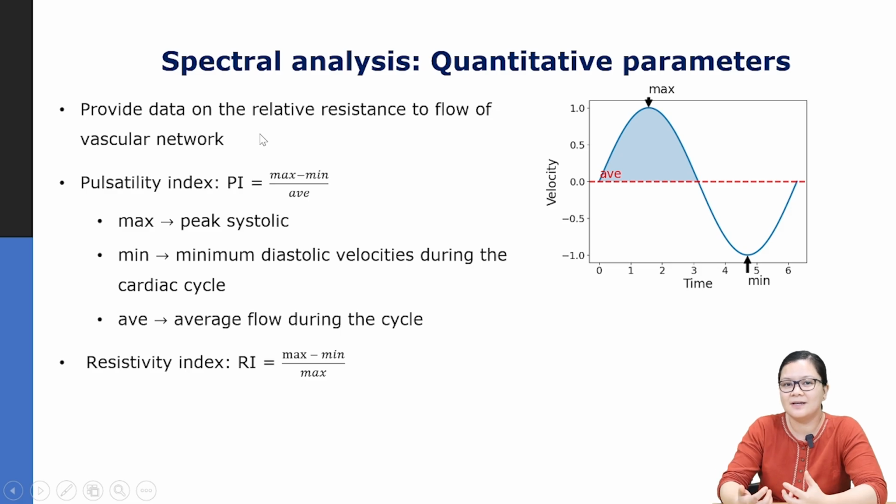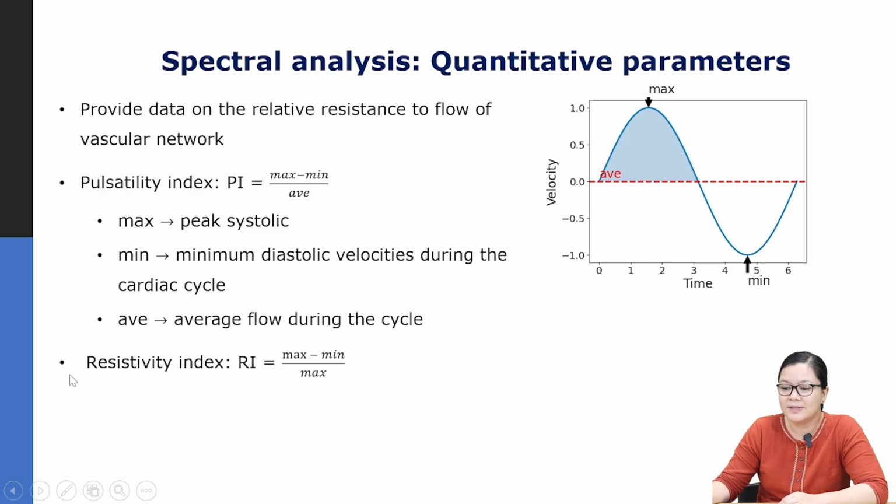And what it does, it can give you a relative resistance measure to flow of a certain vascular network in a tissue. So if there is some obstruction downstream within an organ, let's say the organ is not getting enough healthy blood, you can use the spectral analysis to gauge whether the good blood is flowing into that organ.